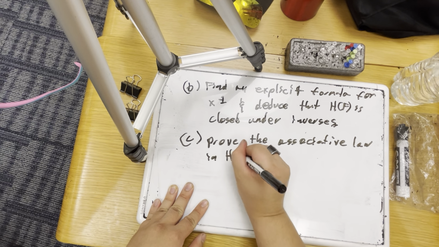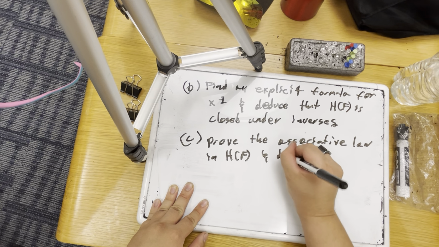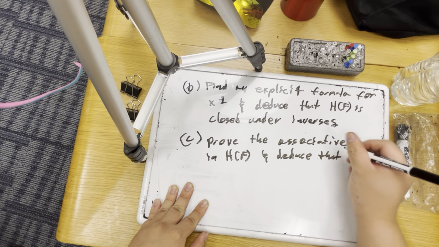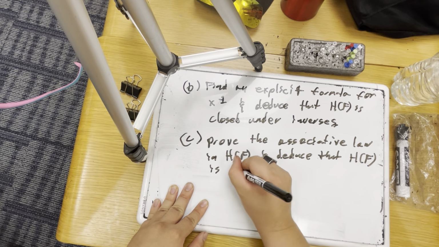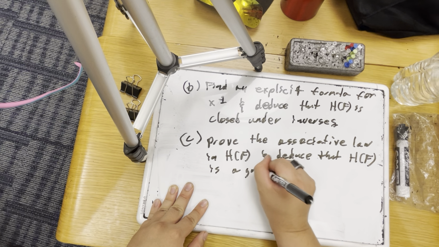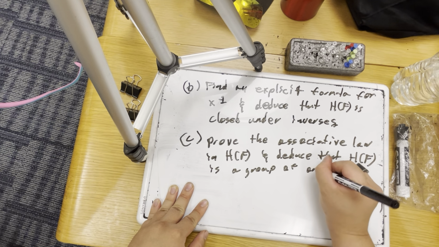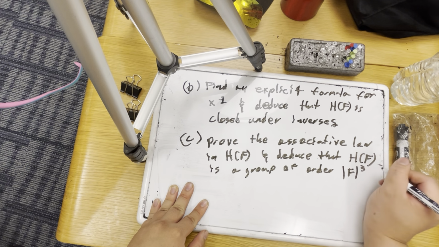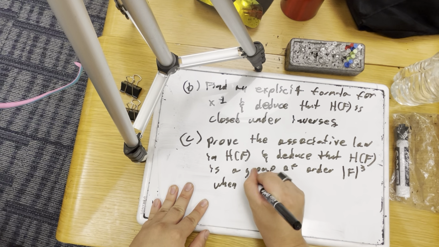In H of F, and deduce that H of F is a group of order |F| to the power 3 when F is finite.